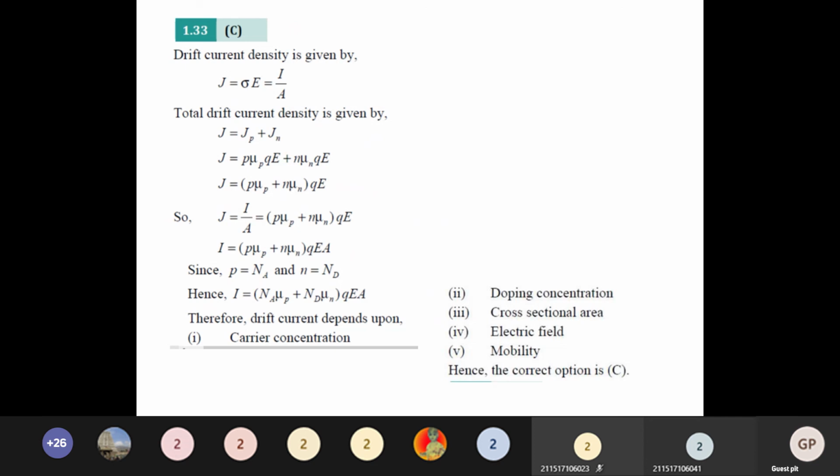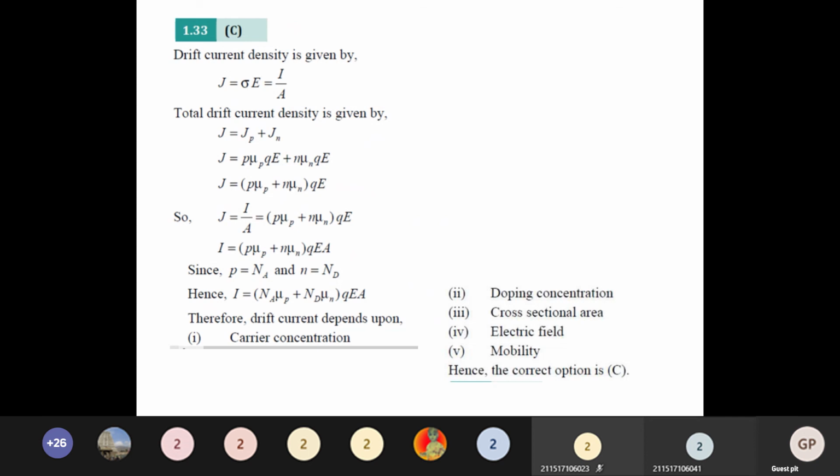So J is equal to I by A, and we substitute. P is the acceptor concentration and n is the donor concentration, this everything we know.